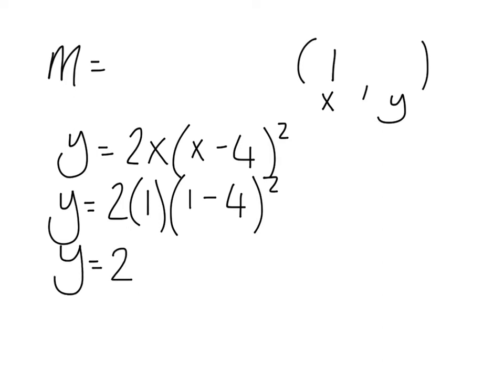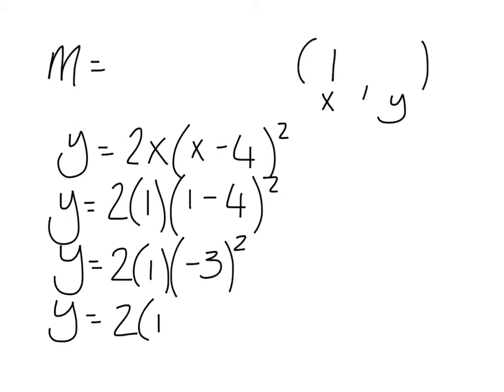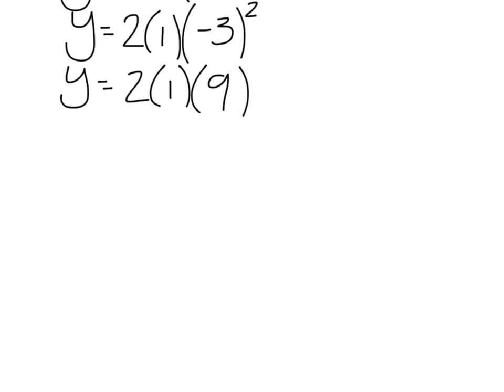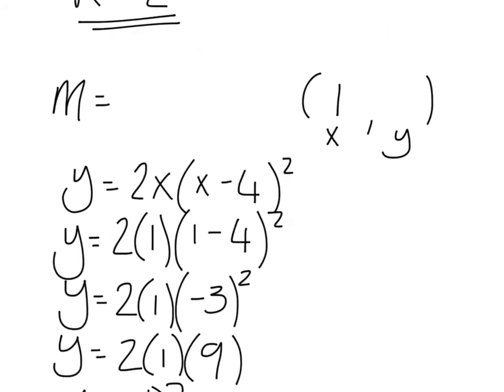So that's 2 times 1 times negative 3 squared. So that's y equals 2 times 1 times 9, which is 18. So that then gives us our y value to go along with the x value, which completes our point. So we'll substitute that in up here.